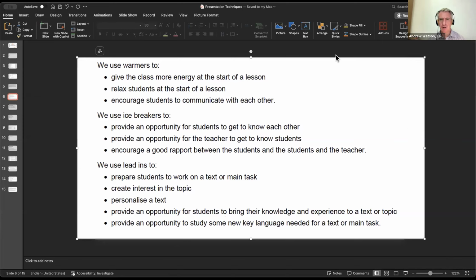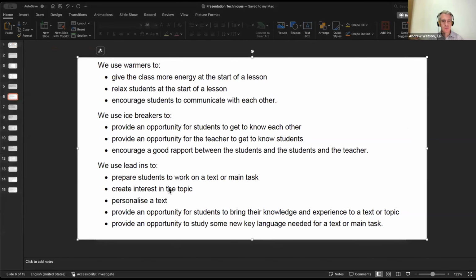Because maybe there's a lot of unknown vocabulary in the text that they're going to read. Just to share that with you. Save that one. Let's move on.